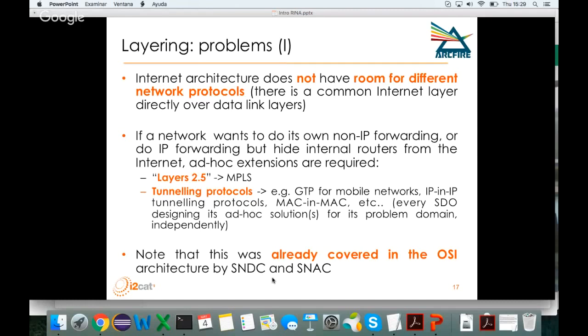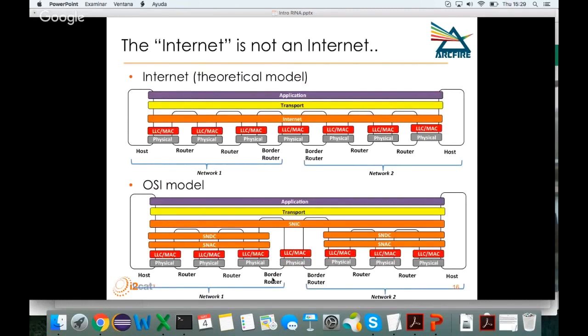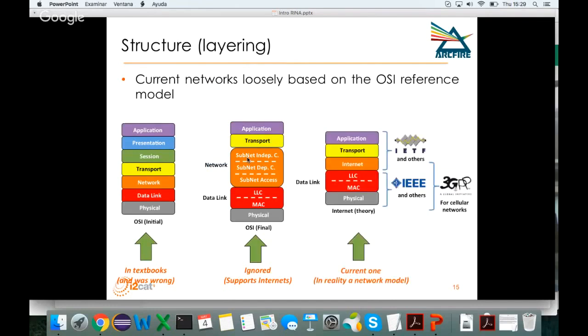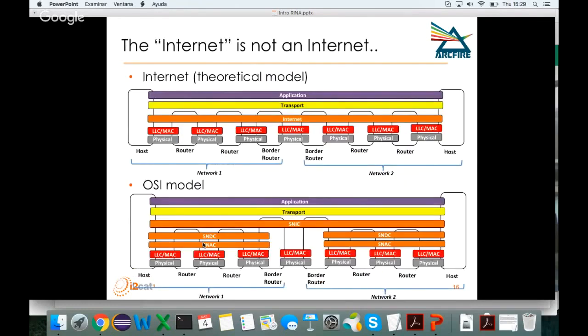Note that this was already covered in the OSI architecture. OSI had these network layers, and as we see, the OSI network layer was divided into these 3 layers. 2 of them were used to have forwarding that is network independent from the internet, and also to have some error and flow control protocols that allowed, for example, if this network is very low quality, like a radio network, and this one very high quality, these protocols here can bring the error rate to something more or less similar to this one.